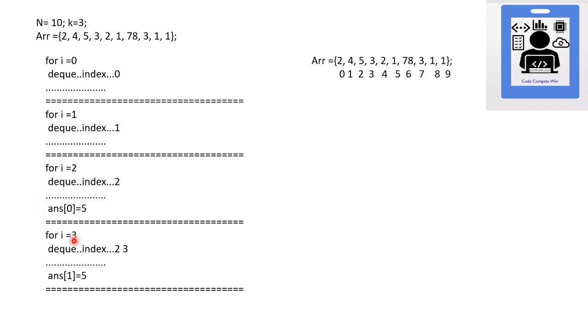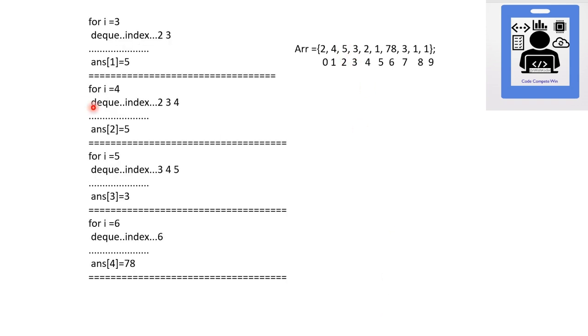And for i equals 3, again we check if the value at index 3 is greater or less. We see that 3 is less than 5, so we don't do anything. And again we store 5 as the answer, because deque dot front is 2 and array 2 is equal to 5.